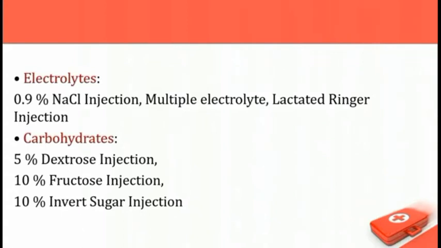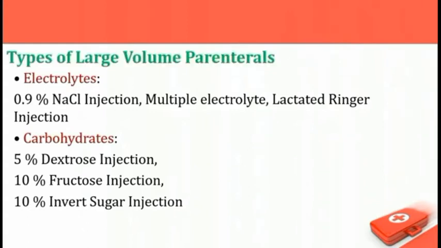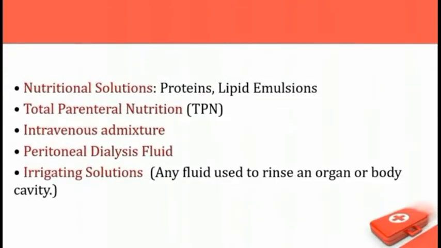Methyl paraben is 0.01 to 0.18%, propyl paraben is 0.005 to 0.035%, and thiomersal is 0.001 to 0.02%. Benzyl alcohol as an antimicrobial preservative is 0.5 to 10%, phenol is 0.065 to 0.5%, and chlorobutanol is 0.25 to 0.50%.